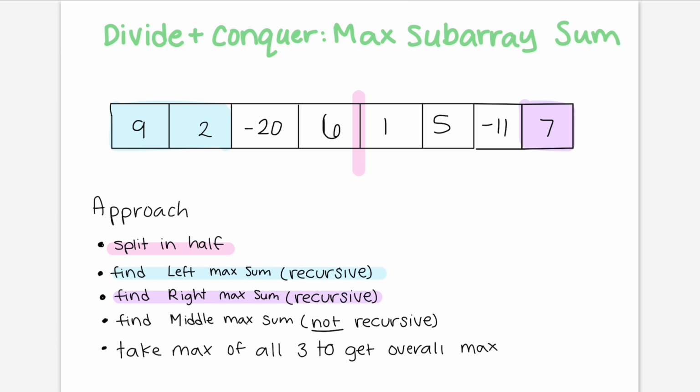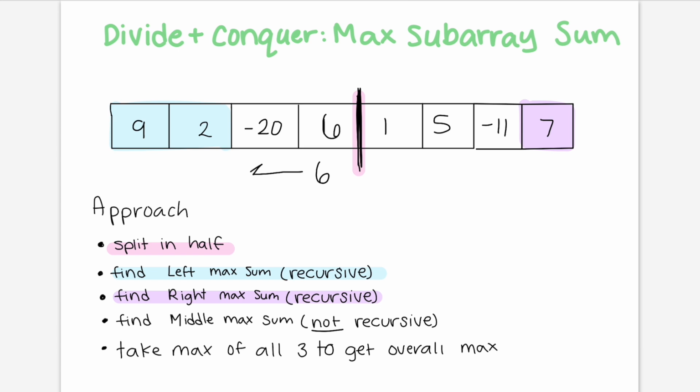So essentially, to find the middle max sum, you're starting from the middle, and if this is my midpoint, I just highlighted it in pink, then I'm going to first look at the left-hand side and say, okay, based on the middle point, what is the max left side? So I'll start here and I'll say, okay, so we have the value 6.